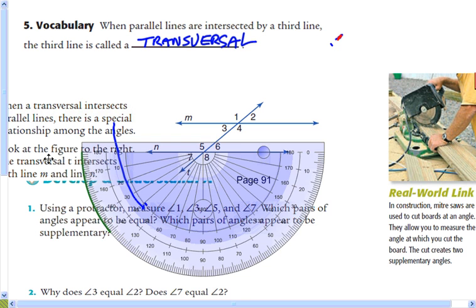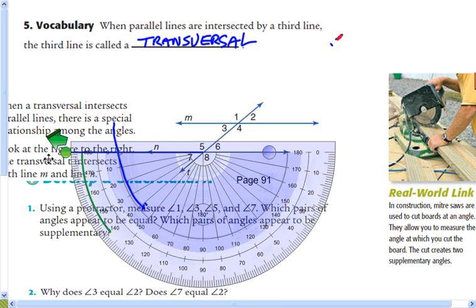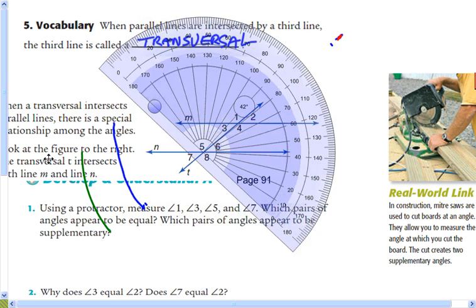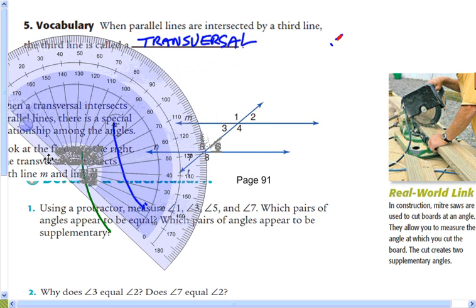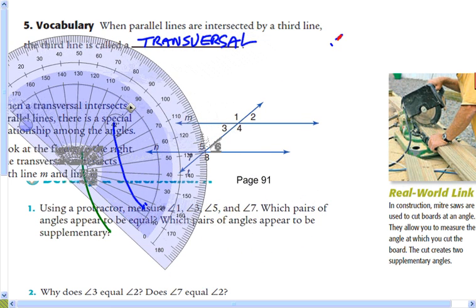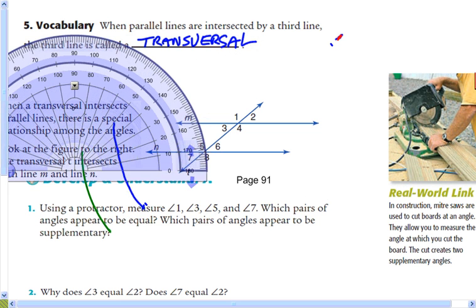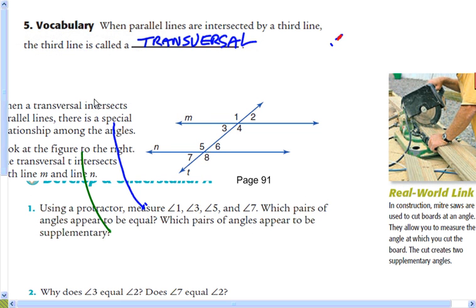All right, so now we have those angles measured. So 1 is 140, 3 is 40, 5 is 140, and 7 is 40 degrees.